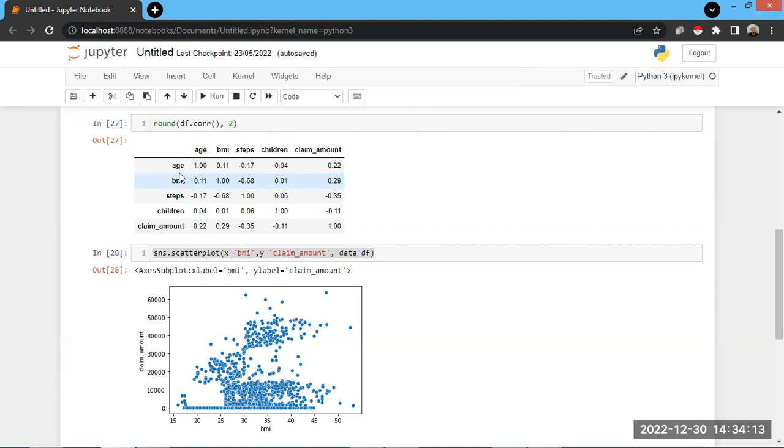So if we're looking at the correlation table between weight and body mass index, we are going to see a correlation between maybe 0.7 and 0.8, because your weight automatically determines your body mass index, and your height has a way to determine your body mass index.